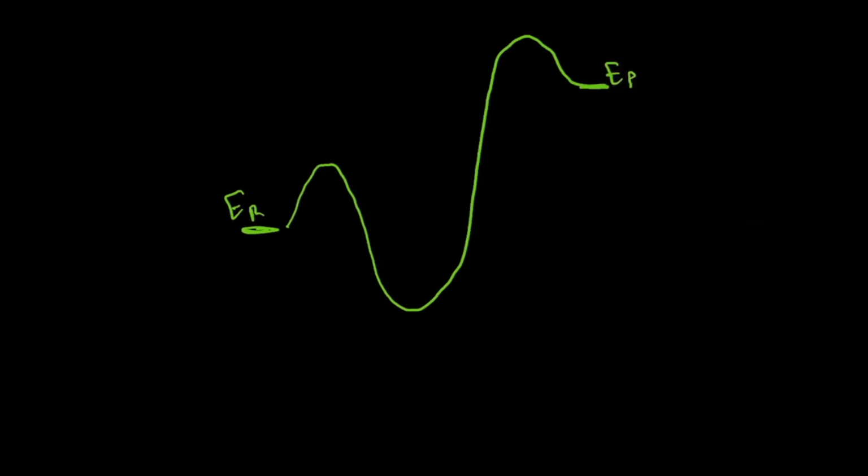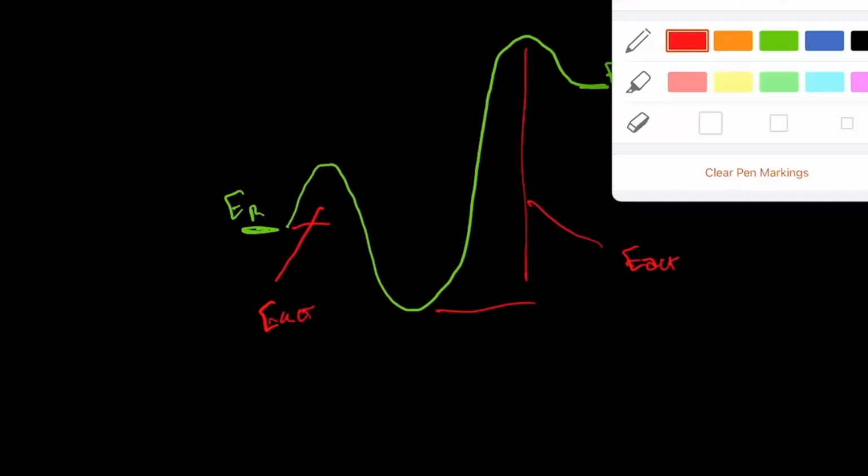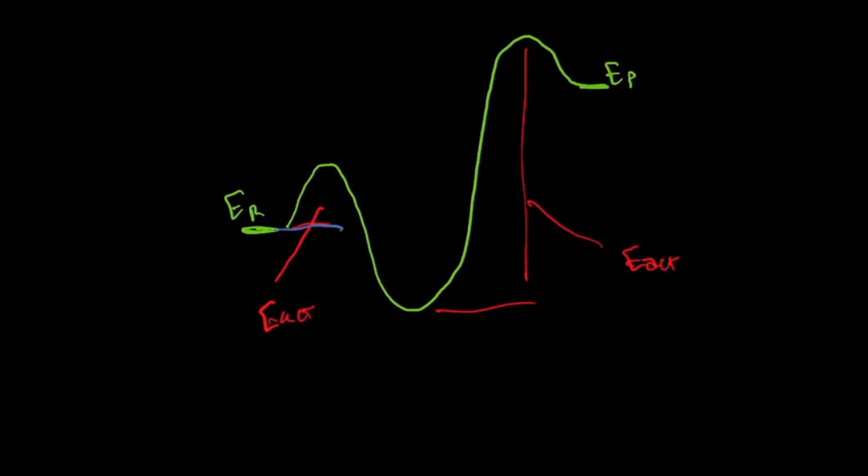They'll add this activation energy and this activation energy, and say that's the activation energy overall. No, don't do that. The reason why you don't do that is because you're not worried about the steps to get to the product. All you're doing is looking at the overall. This is the highest point right here.